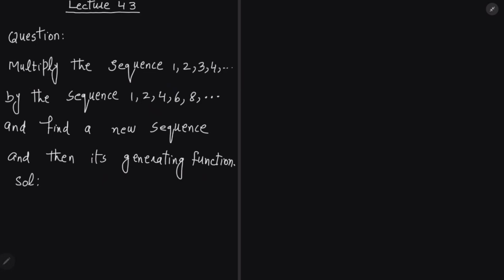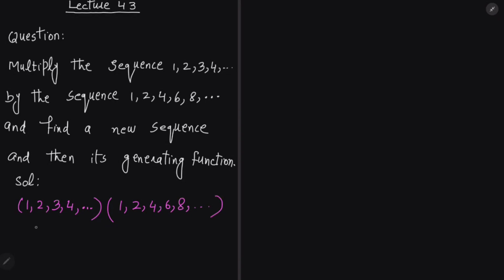So first of all, I write the first sequence, which is 1, 2, 3, 4, dot, dot, dot, which is an ellipsis. Then we have 1, 2, 4, 6, 8, and so on.